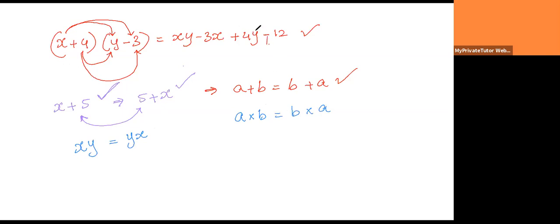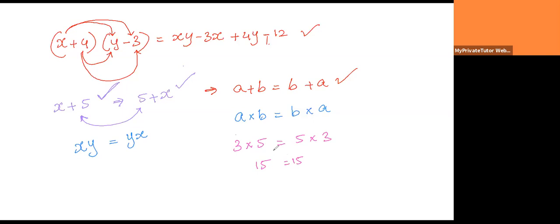Do you have any questions on it? See, if you multiply 3 times 5 or 5 times 3, both are the same, isn't it? Which is 15. So that's what the commutative property or law says. You can swap the positions. But it works only for addition and multiplication.